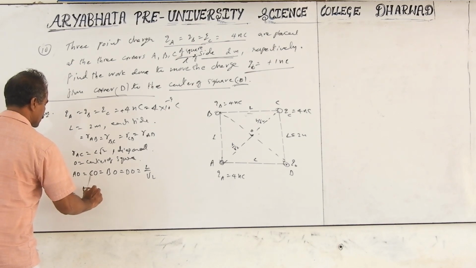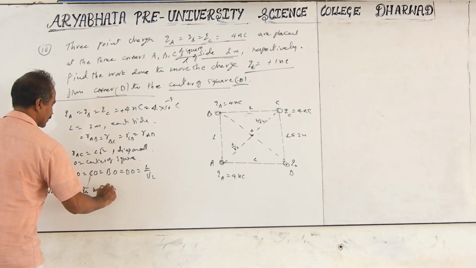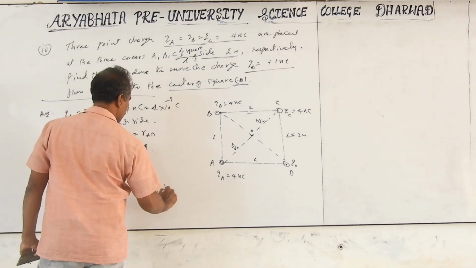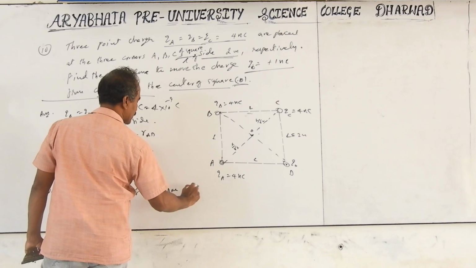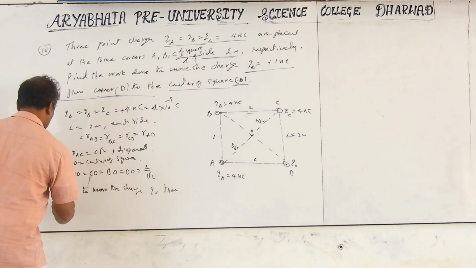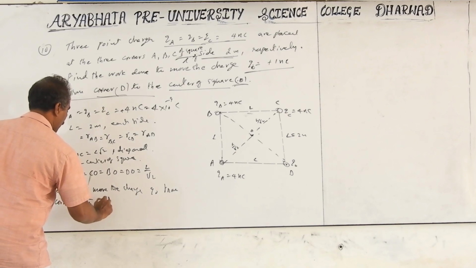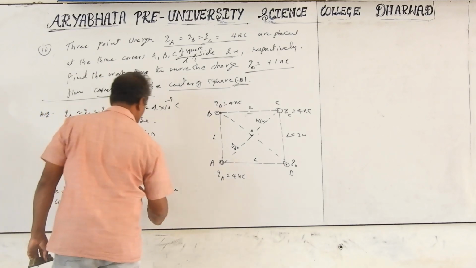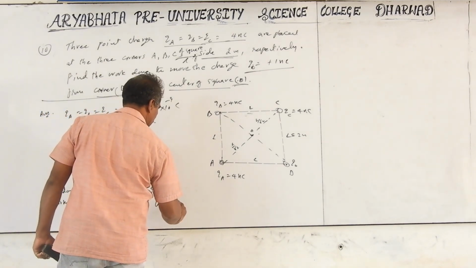To move a charge from corner D to the center of the square, the work W is equal to the final potential energy minus the initial potential energy.